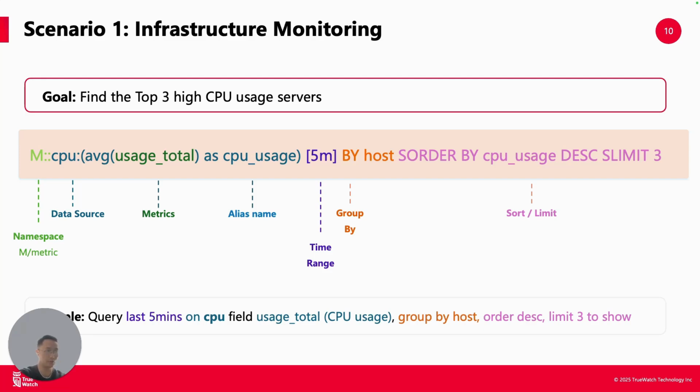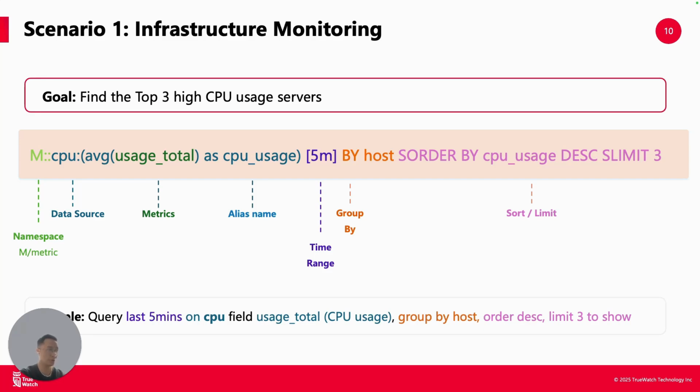So we want to search the CPU data set and find out the usage. We give the alias name cpu usage, and the query gives the time window, which is we will just query 5 minutes of data and group by the host. And then we have s order by cpu usage to just show the top 3 hosts.